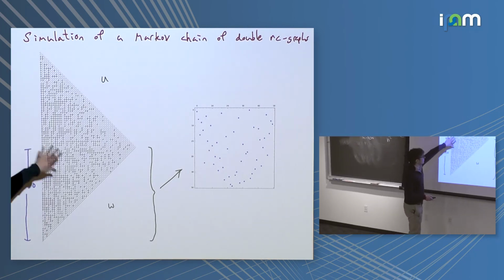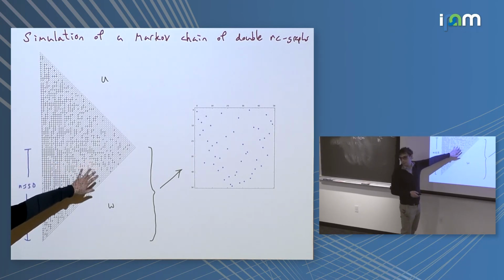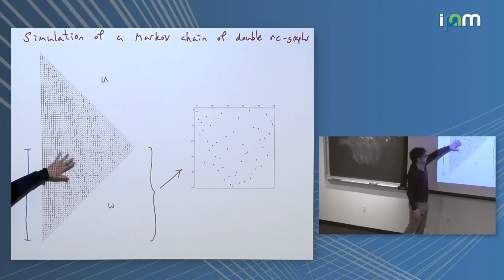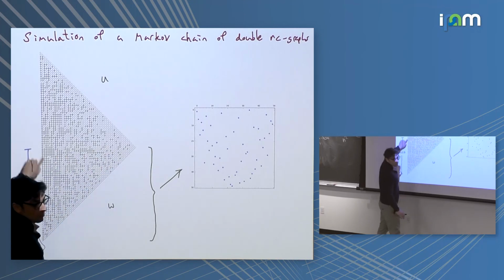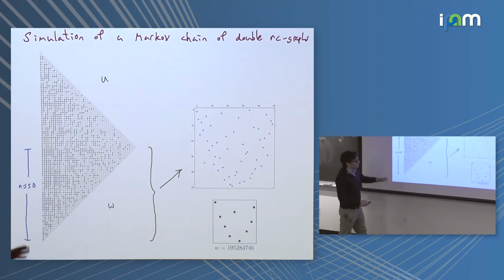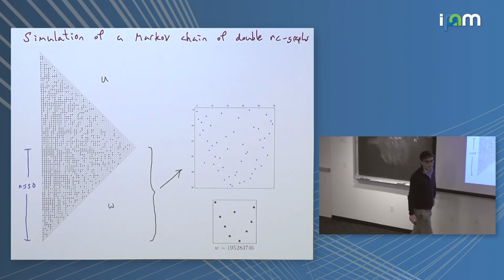I'm not certain at all that this is completely mixed, but after 5 billion moves, this is what you get. And if you focus on the permutation that the bottom RC graph is giving, it seems to look like this, which is not contradicting this example from n equals 10.